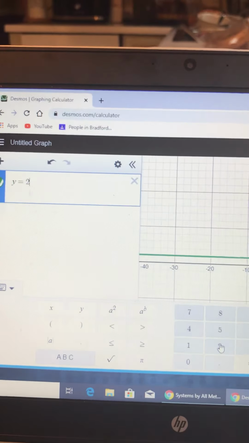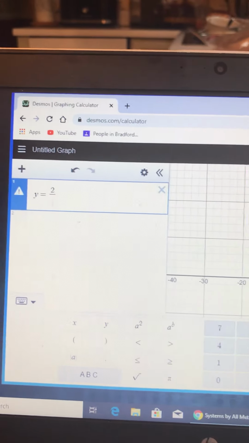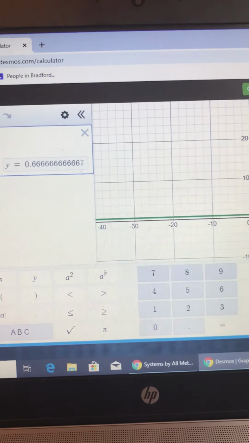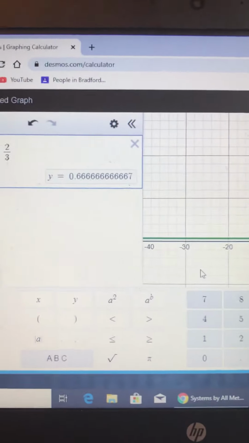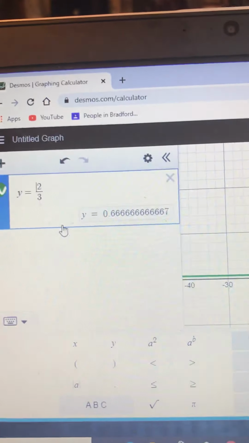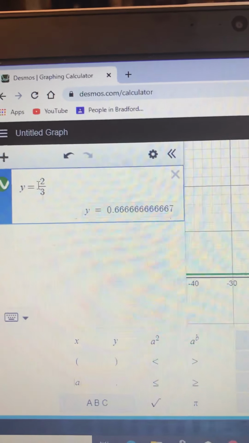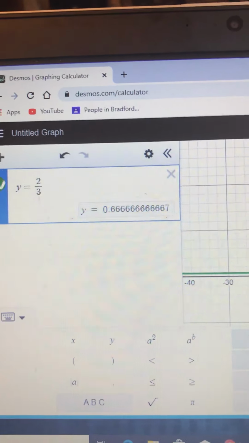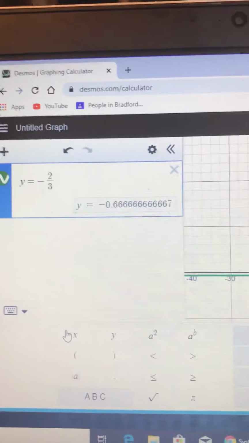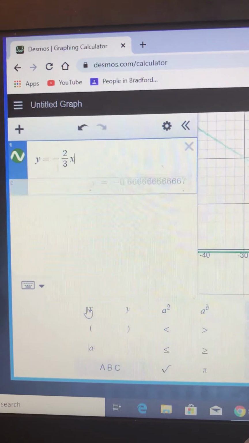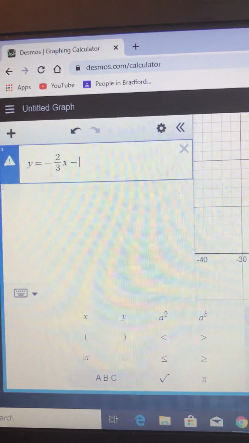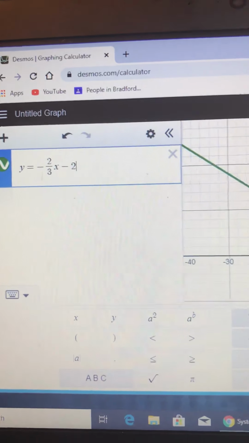How you do the fraction is you use the division sign. That allows you to enter in the fraction. Oh, we forgot the negative sign, so we're going to put the minus sign up here. Negative 2/3 x, so hit the x, and then minus 2. And there is our graph.